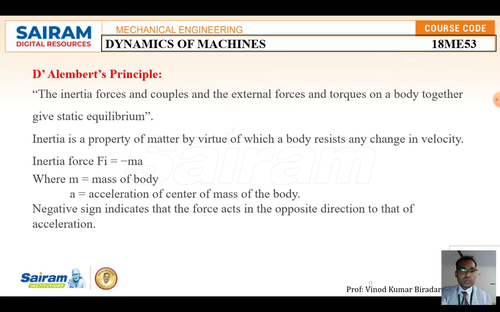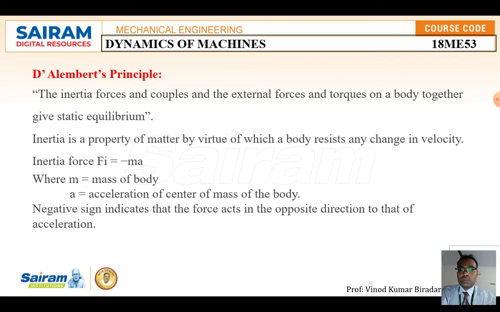Okay, this is very important: D'Alembert principle. They may ask you what you mean by D'Alembert principle. If you take any mechanical device on which we consider both inertia forces and inertia torque, and add both the inertia forces and the torque, we get the D'Alembert principle.